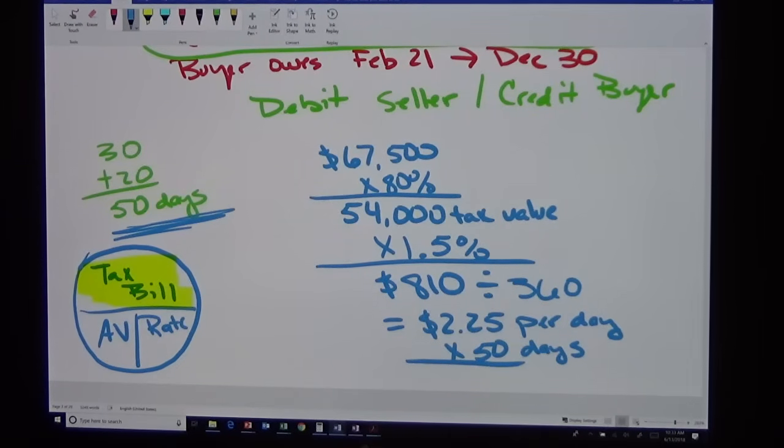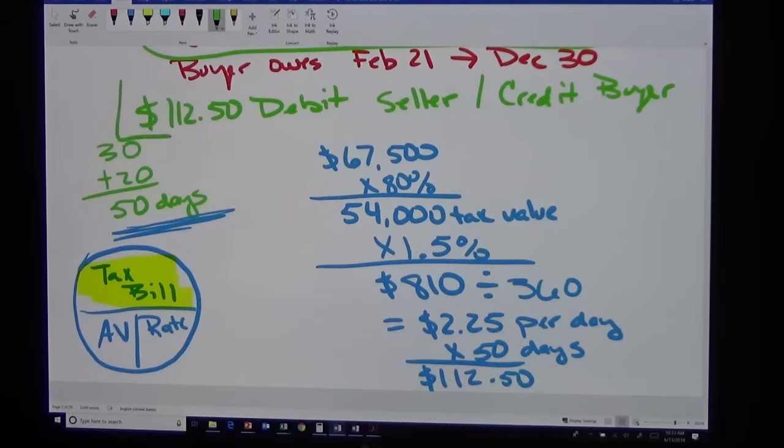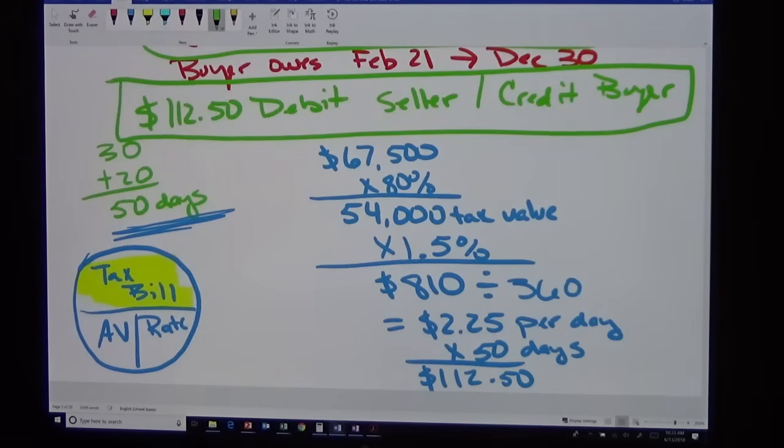So $2.25 per day times 50 days equals $112.50. Remember, we already wrote down which way that money was flowing, so I'm just going to go right back here and fill in $112.50, and that's debit seller, credit buyer. $112.50, debit seller, credit buyer.